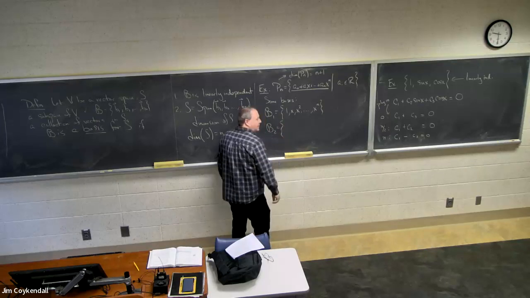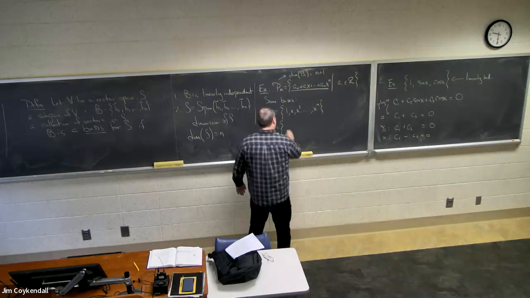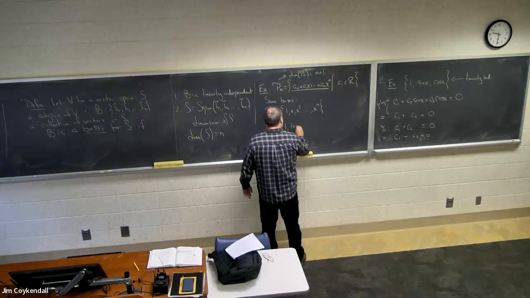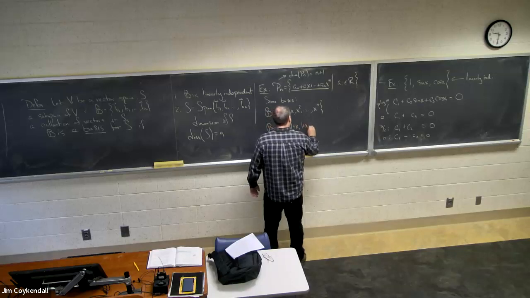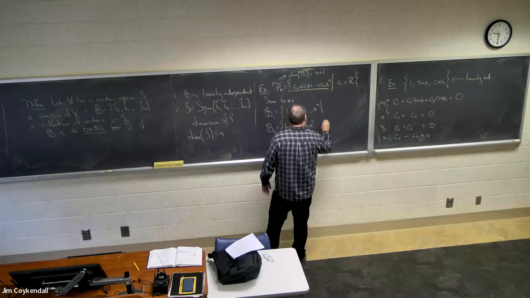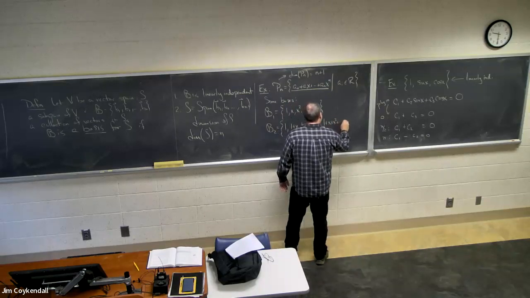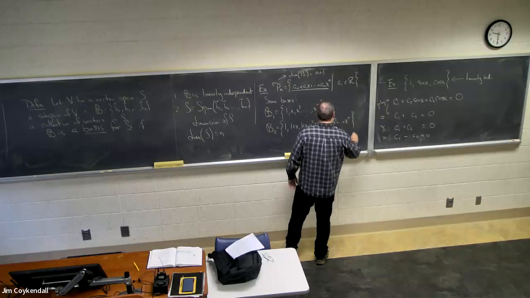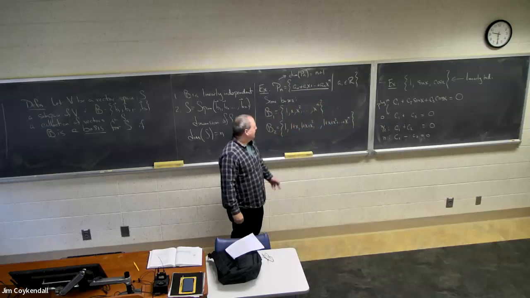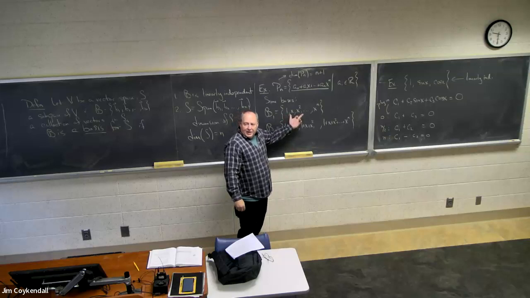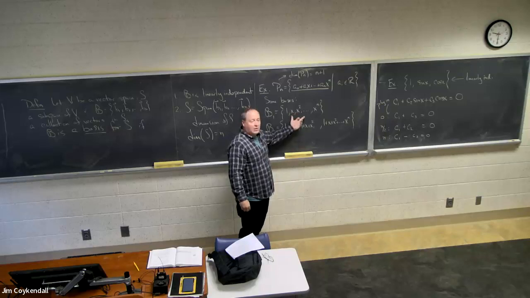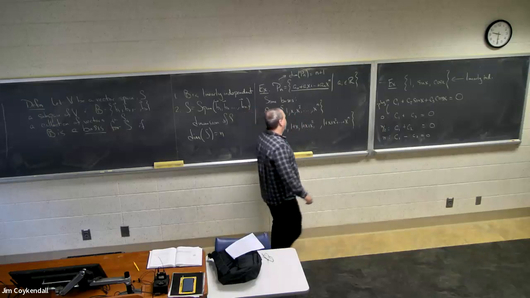Here's another basis. You should verify that this works. If you remember last time, we looked at a particular example of this, and we had the linear transformation of taking a derivative and its matrix. You can also reinterpret this in terms of the matrix.